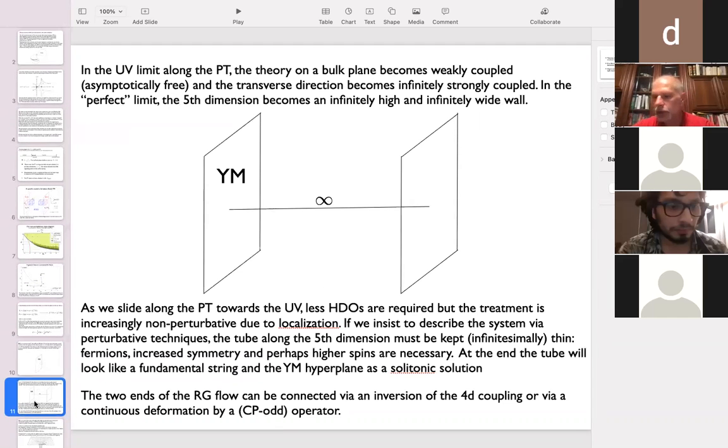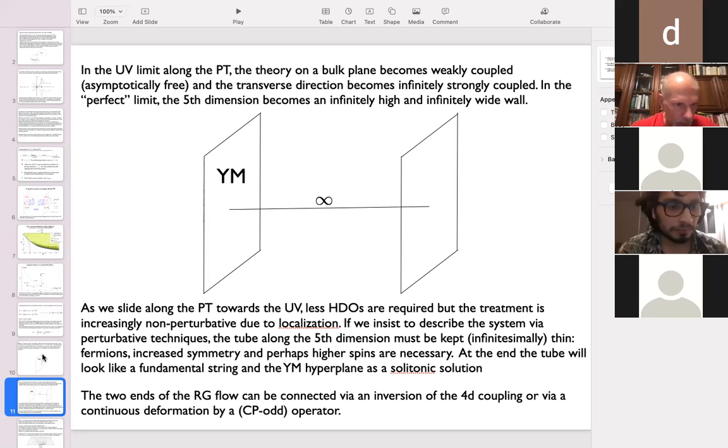Instead, in the UV regime, in the other limit, when the anisotropy goes to 0, it is exactly the opposite that occurs. The dimension transverse to the brane becomes infinite, and the coupling along the brane... did I say it upside down?